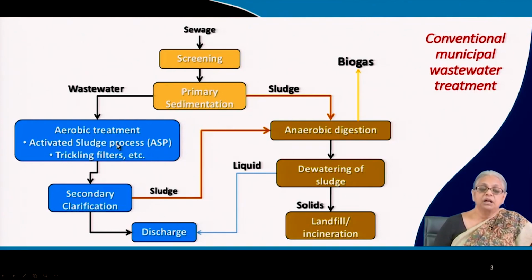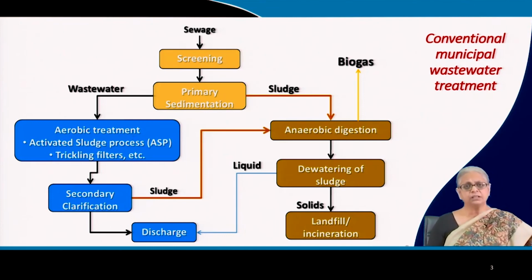At this point, we are giving it what is called aerobic treatment. The most common form of aerobic treatment is activated sludge process, and many treatment plants used to use trickling filters, rotating biological contactors.